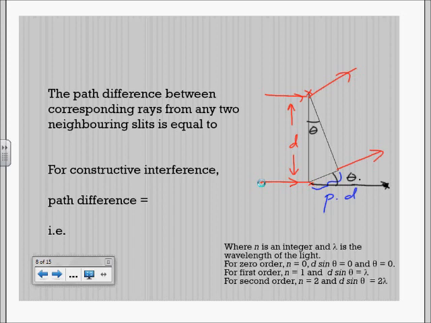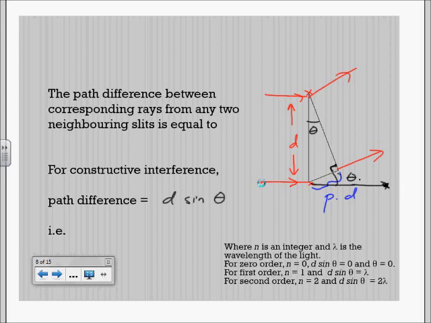And so we've got now a right-angled triangle. This is a right angle in there. A right-angled triangle where the path difference is the opposite side of that angle. So we should be able to figure out that the path difference then is going to be equal to d sine theta.